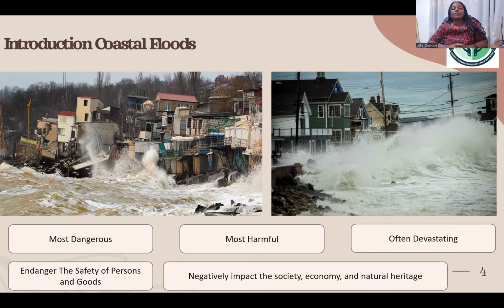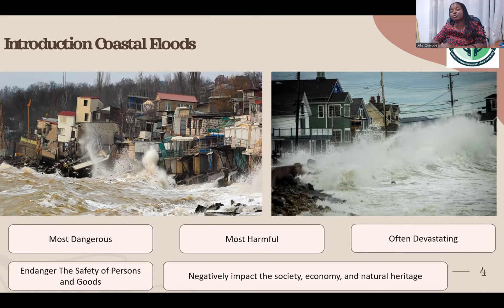And so from these two images that I have shown on the screen, we can have a pictorial idea of how dangerous coastal floods can be, how harmful and devastating they can be, and how they often can endanger the safety of persons as well as properties.